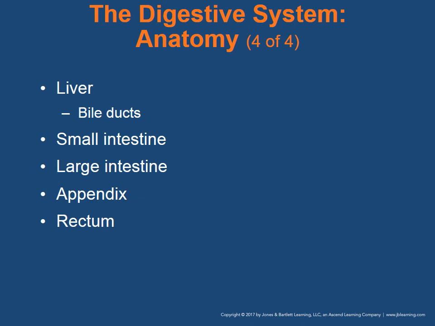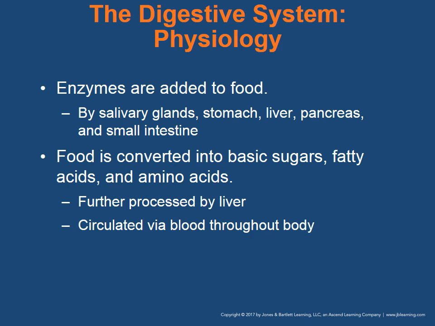So the liver, bile ducts, small intestines, large intestines, and then your appendix and rectum, right? So your whole gastrointestinal system, GI system, is essentially the mouth to the anus, right? Everything that lies in between. So enzymes are added to the food by salivary glands. We talked about before: the stomach, the liver, pancreas, small intestines.